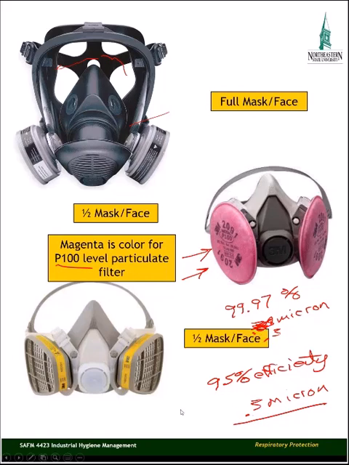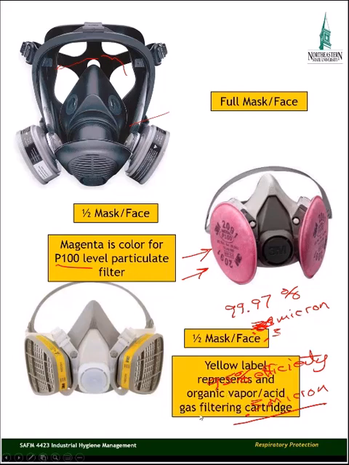I just wrote all over that, but anyhow, I'll read it to you so you can know what it says. This is a vapor cartridge attached to this half-mask respirator, and the yellow label, we'll talk more about all the different color coding, indicates that it's good for organic vapors and acid gases.